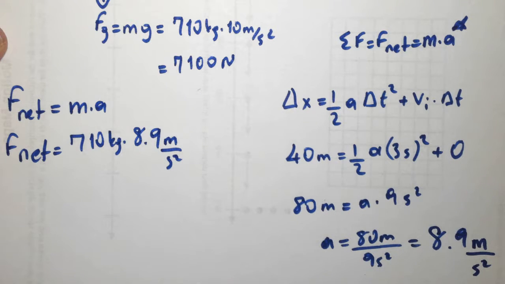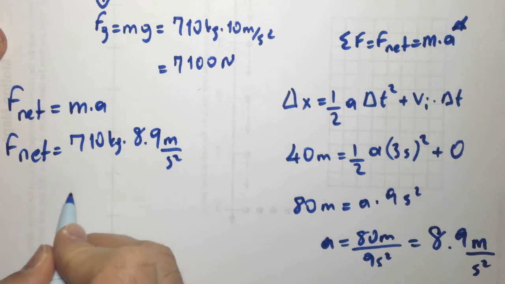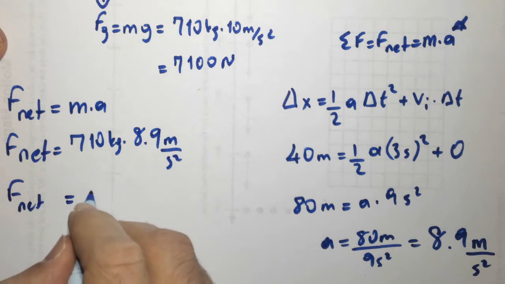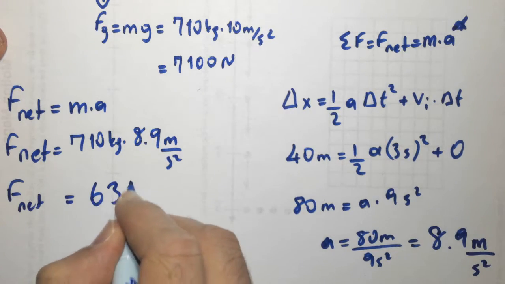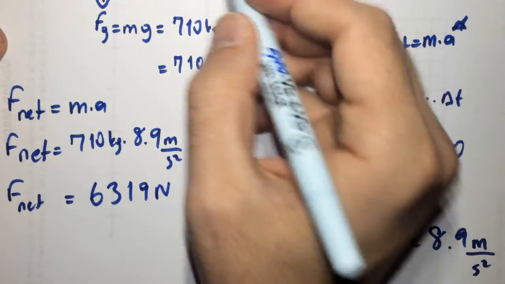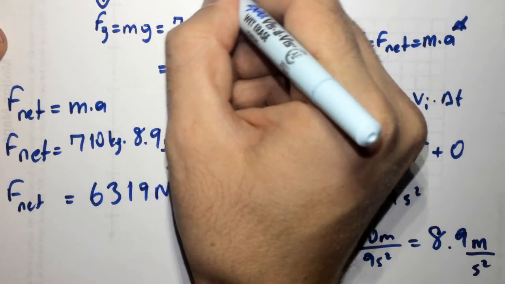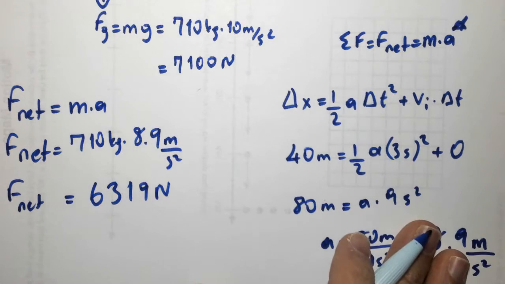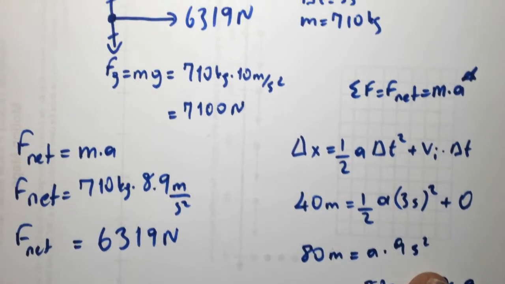Let's put it in the calculator: 8.9 times 710 will give you a net force of 6319 Newtons. So with this, we are done with the question.